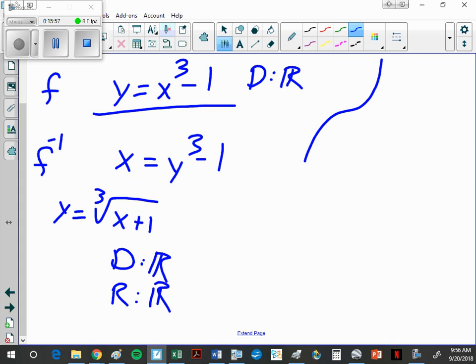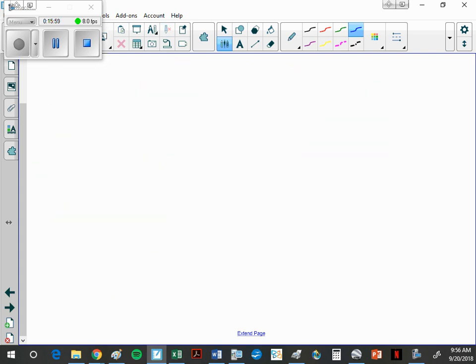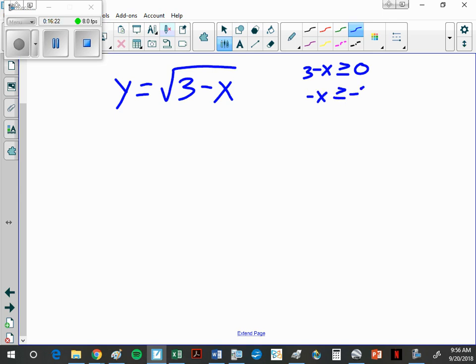All right. 42. 42 is a good one. y = √(3 - x). Does this have any domain restrictions? So we know that 3 - x has to be greater than or equal to 0. So I'm going to subtract 3. -x is greater than or equal to -3.